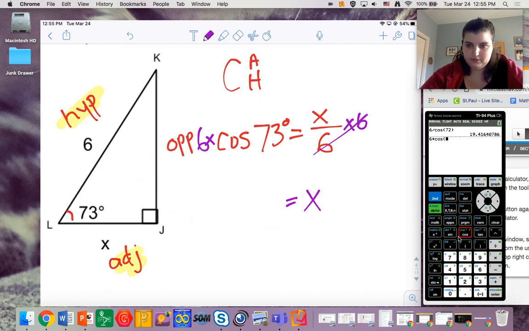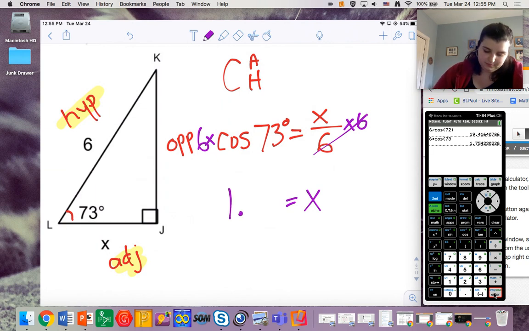Cosine of 73 this time. Again, end parentheses okay, but in the way I've written it, I don't really need it. So I get that x is 1.8, rounding to tenths. Okay. So that's how long that side is.